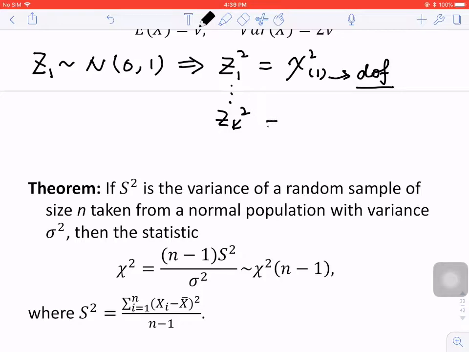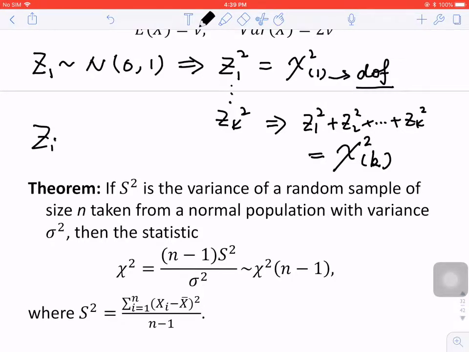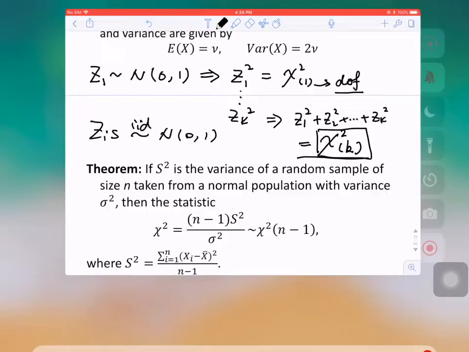Then z1 squared plus z2 squared until zk squared follows a chi-square distribution with degrees of freedom equal to k. Of course, those zi's are IID, they have the same distribution, and they are mutually independent. In this case, we define this as the chi-square distribution with degrees of freedom k.